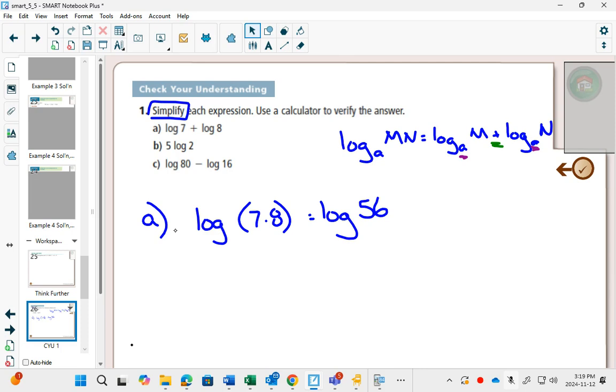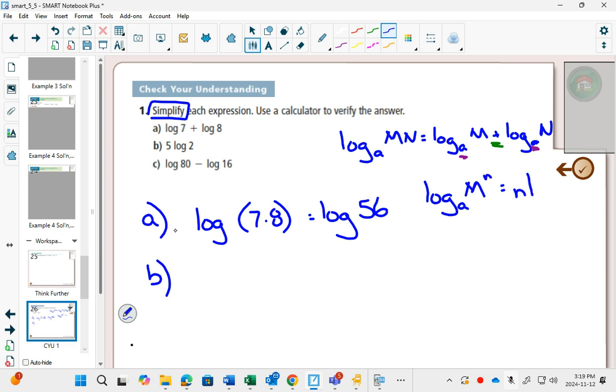In B, we have a number out in front, so I look on my formula sheet and sure enough, there is one log law that has this n out in front.